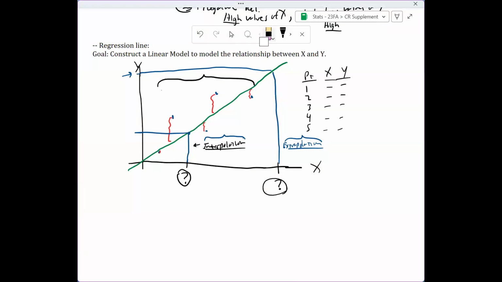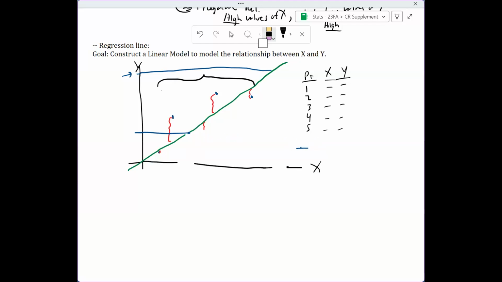Let me erase a couple of things first. I want to get these bits off of here. I don't know why OneNote has this square and what you're actually erasing is significantly bigger than the square.